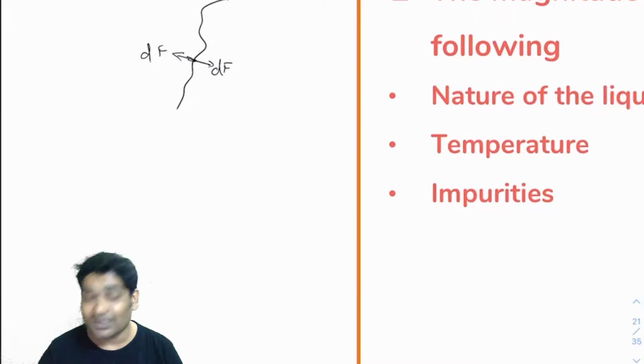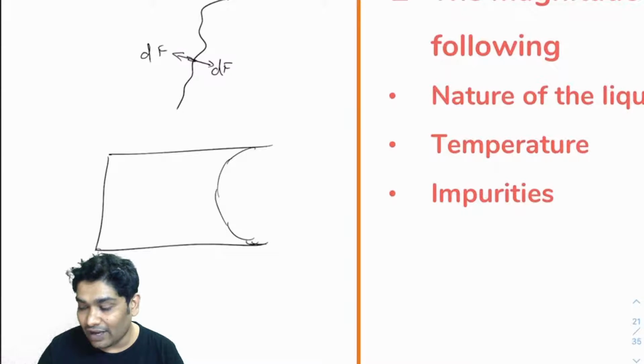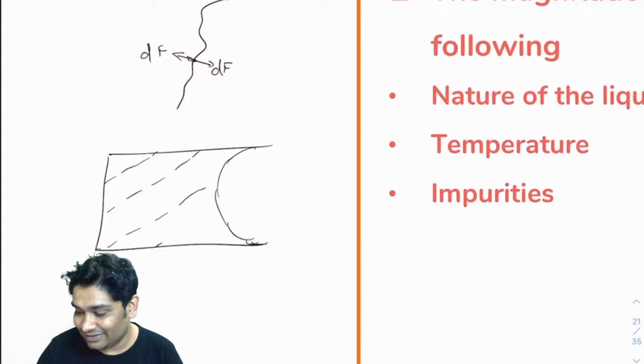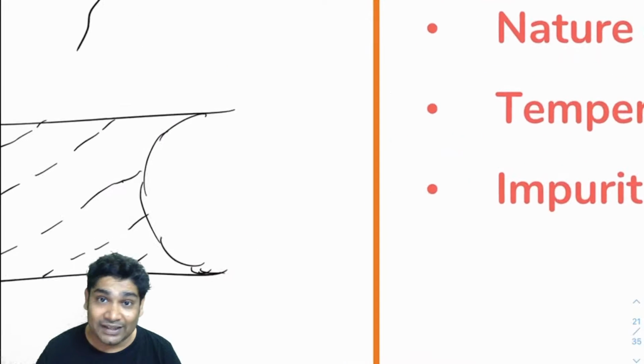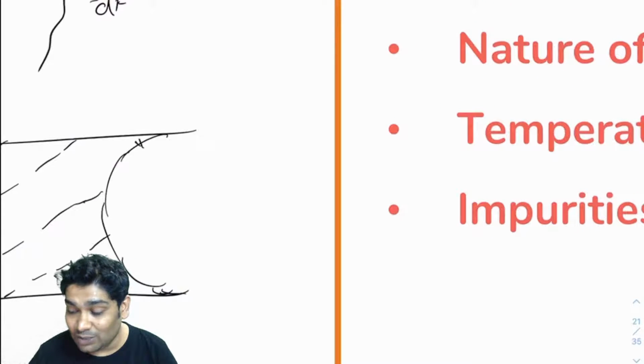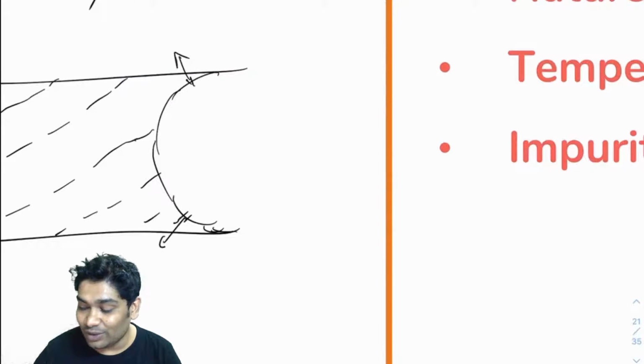While integrating, suppose I had such a segment and there was a soap layer here. Because all the dFs on all the small dLs would be identical, diametrically opposite, only these components would prevail.